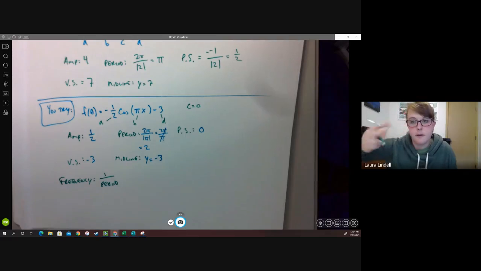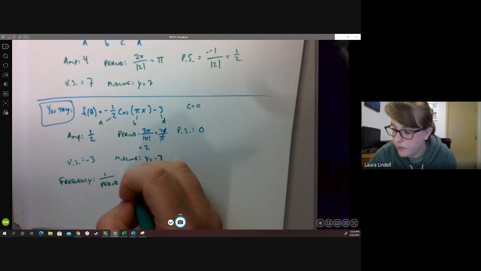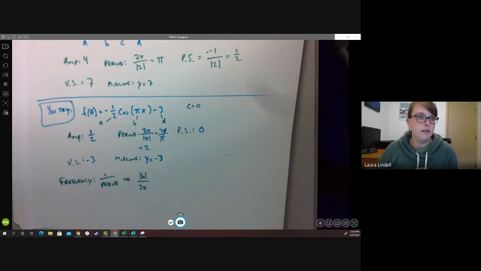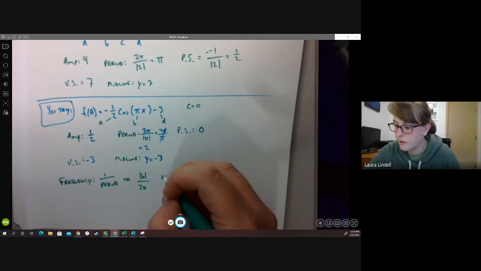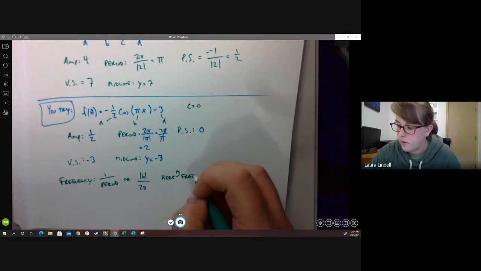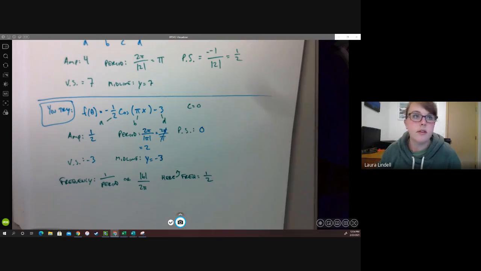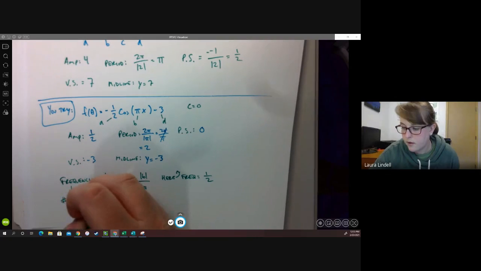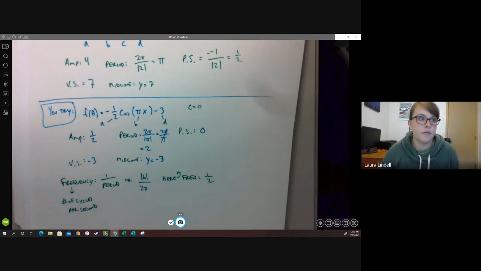Or in this case, you can just flip it and have it be b over 2 pi. So it's the reciprocal of the period. So in this case, our frequency would just be 1/2. Okay.